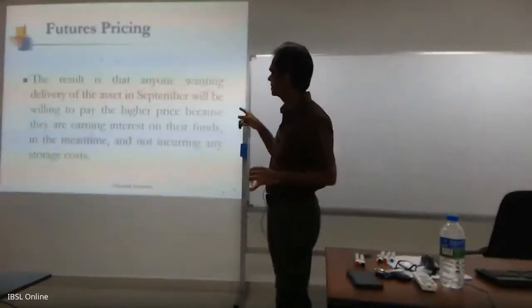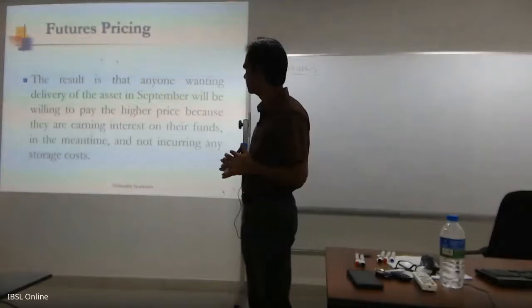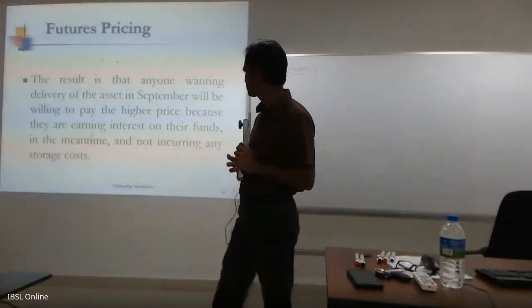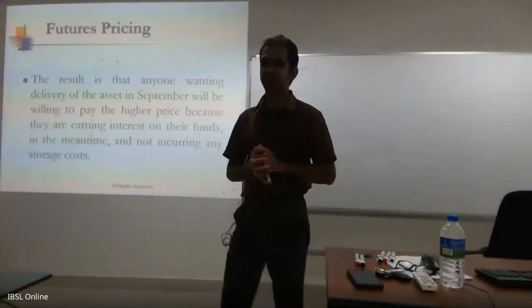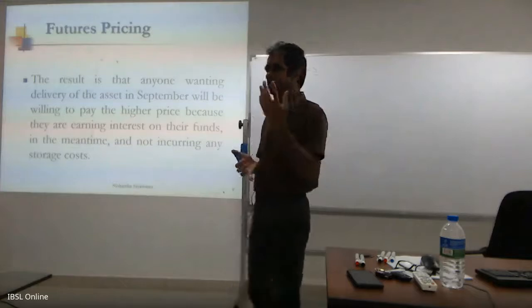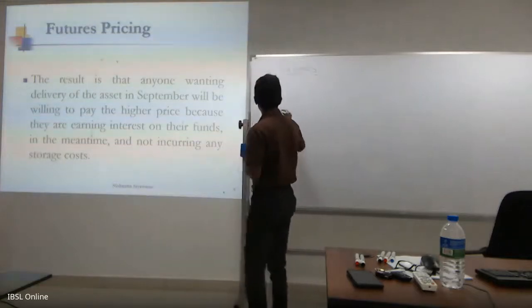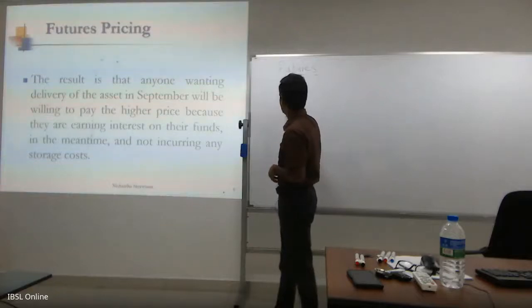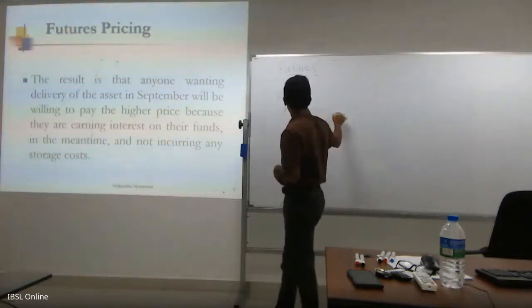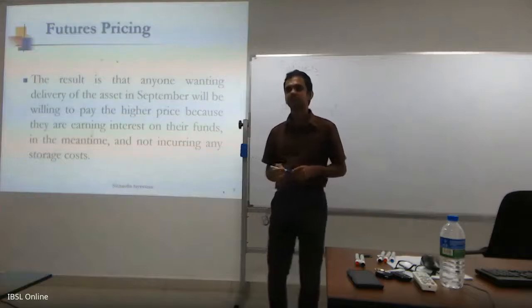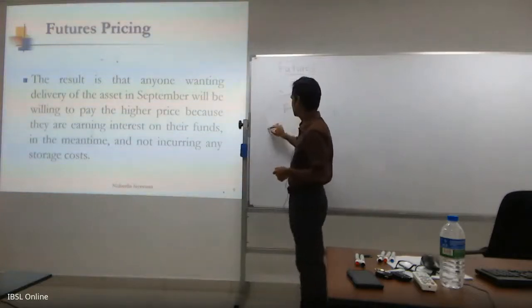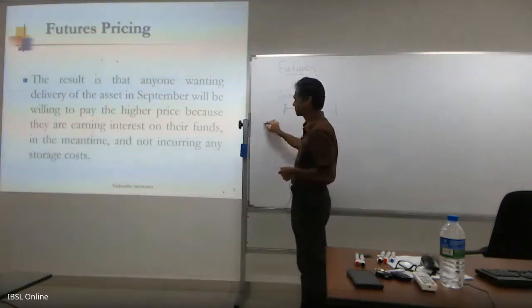So the result is that anyone wanting delivery of the asset in September will be willing to pay the higher price because they are earning interest on their funds in the meantime and not incurring any storage. Say that gas cylinder: you buy it today, keep it for 1 month. To buy this, you incur a cost.